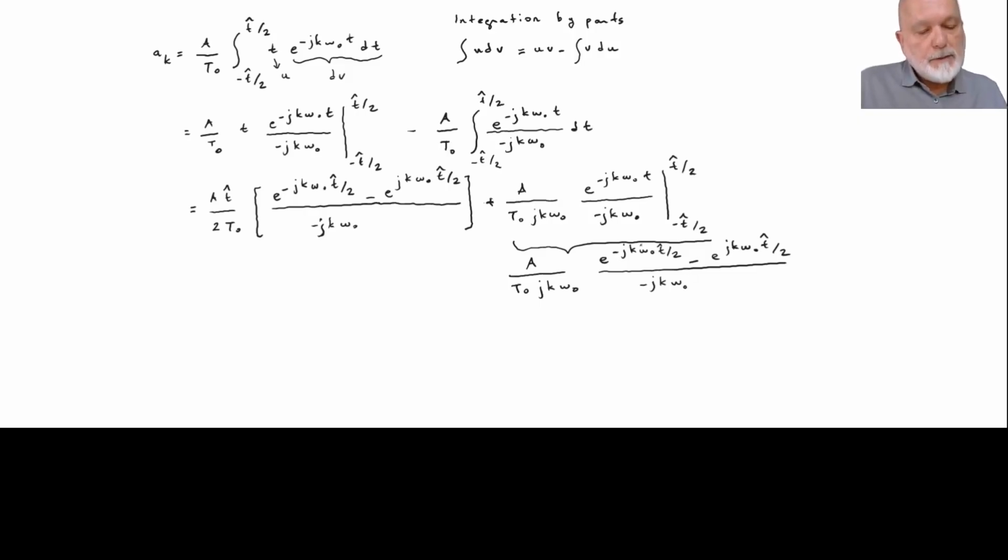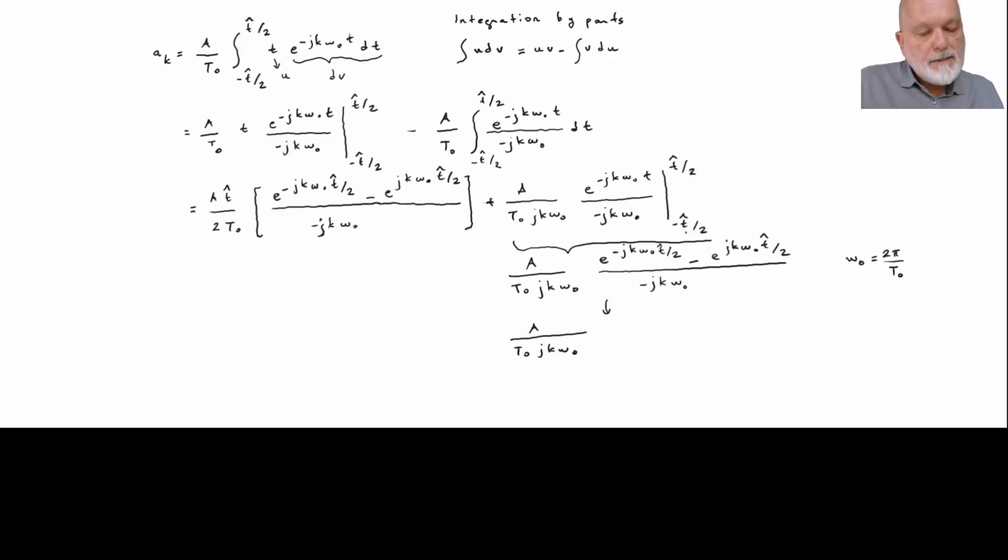Now, similar to what we have done in the Fourier series coefficient calculation of the rectangular pulse, instead of omega 0, we can substitute 2 pi over t0. So we are going to have the following expression: a over t0 jk omega 0.